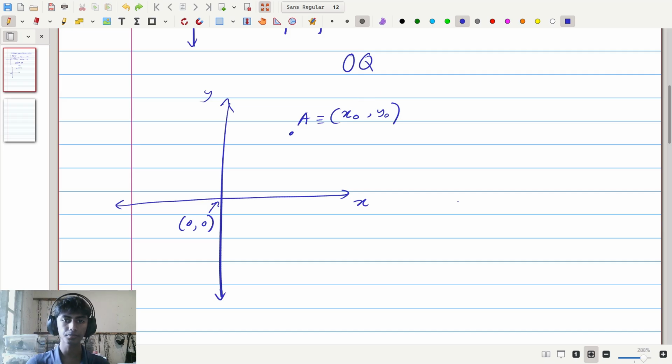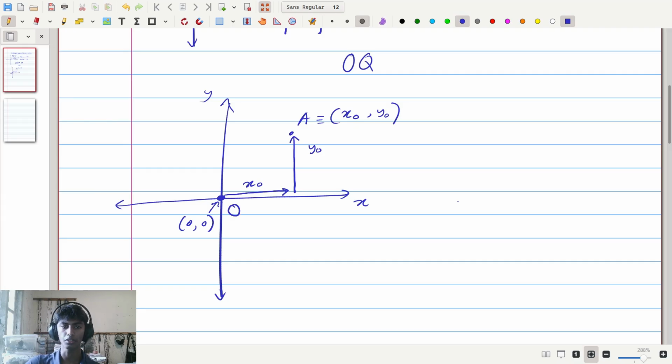What I mean by A being the point x0, y0 is that, starting from the origin, you need to move a distance of x0 in the x direction, which is like this, and then a distance of y0 upward in the y direction to get to the point A. So here we move distance x0 in the positive x direction, and we move a distance y0 in the positive y direction to get from the origin O up to the point A.